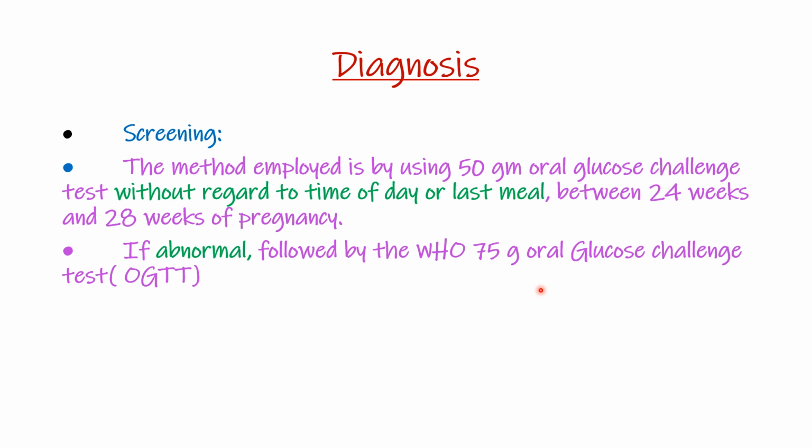I hope you have really understood. So depending on your context, where the patient is, and the convenience of the patient, if this is the first time and the patient has come in and already taken a meal, obviously we will prefer the two step. But if you already talked to the patient and prepared them to fast for at least 8 hours, then you can do the one step.